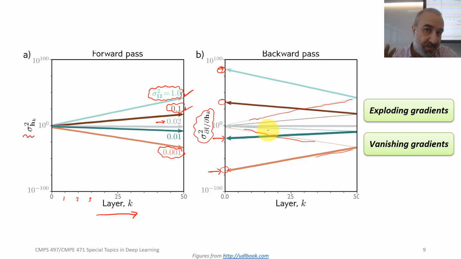That doesn't mean a problem. Because, as we said, this is log scale. This value is 10 to the power of something like 5, and this is 10 to the power of 100. These values are extremely large. Very quickly, you will not be able to even represent these values with the fixed precision that we have.